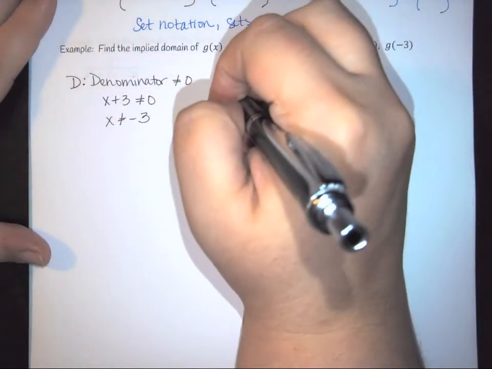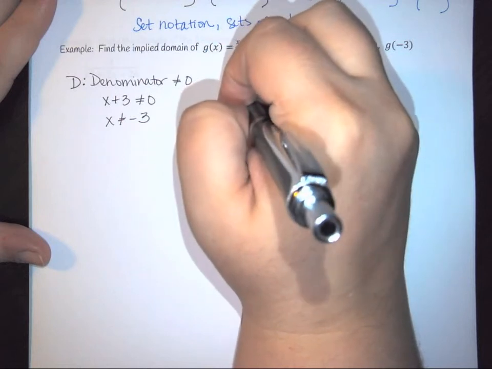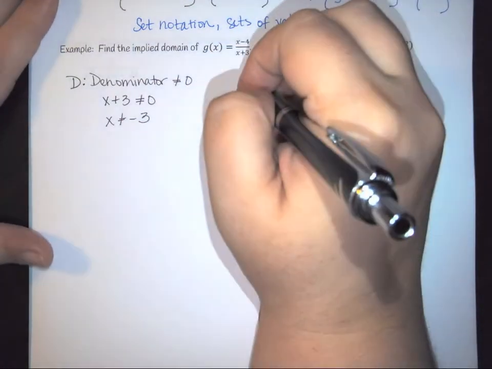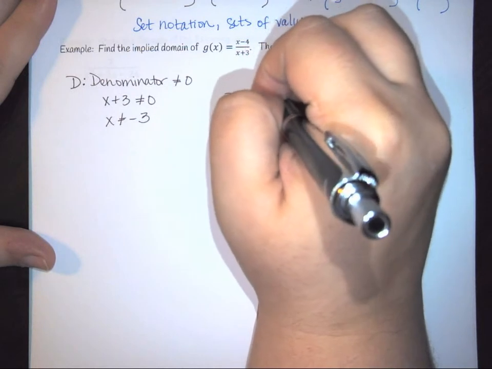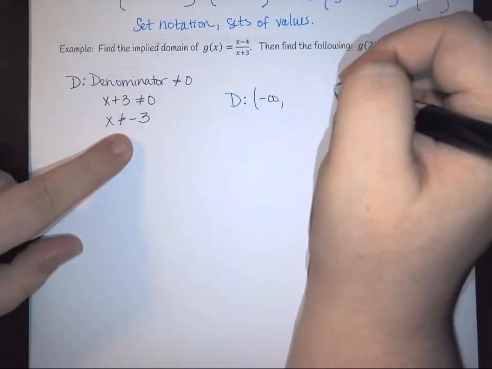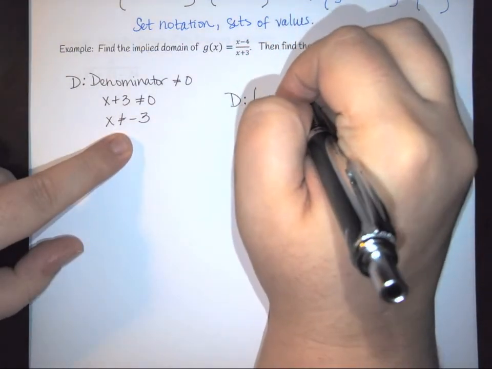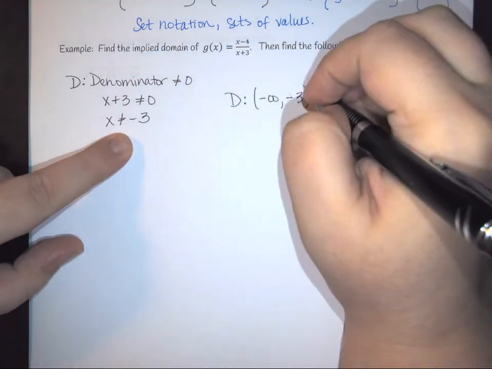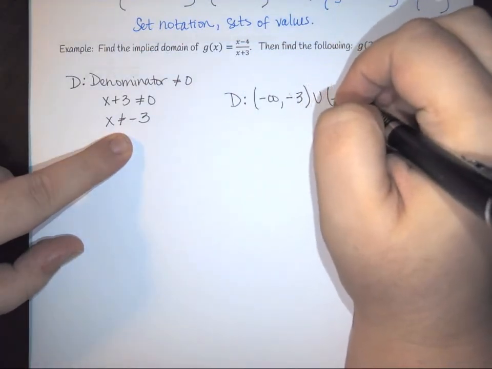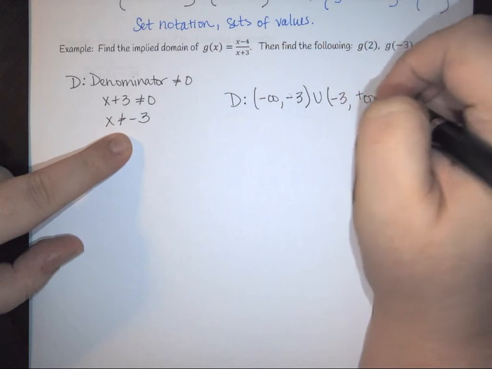So when we're talking about a domain, interval notation says I have to start from the negative infinity, travel up to my problem spot, which is at negative 3, and then union that from my trouble spot through to the positive infinity.